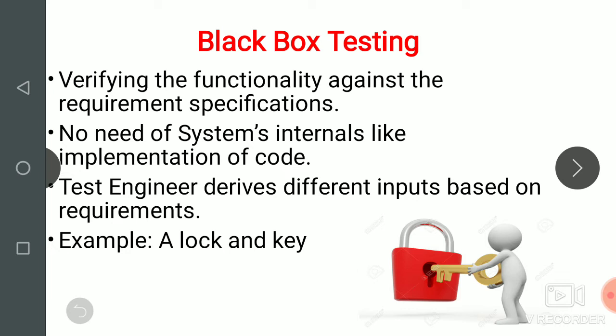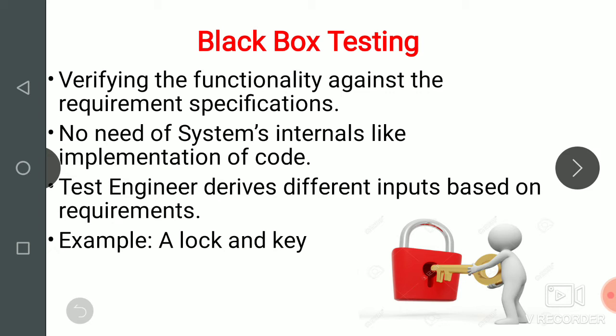These are the only two outputs of a lock, that is whether to lock or unlock. For example, if a key is turned clockwise, it should unlock, and if turned anti-clockwise, it should lock. To use the lock, one need not understand how the levers inside the lock are constructed or how they work. It is essential to know the external functionality of the lock and key system.